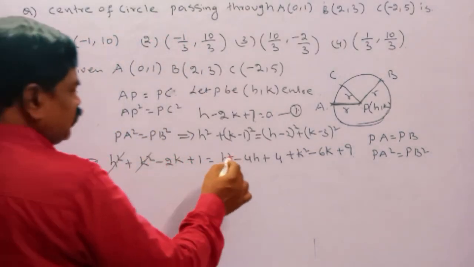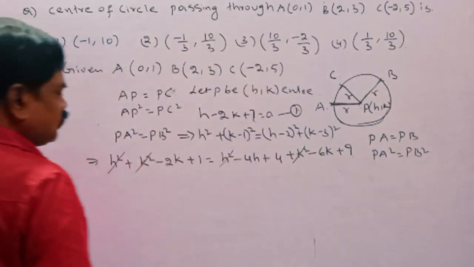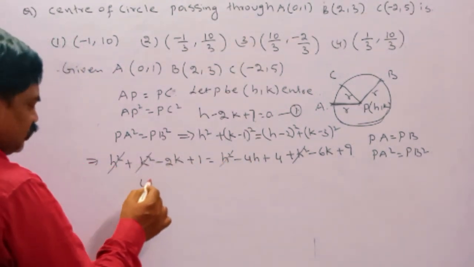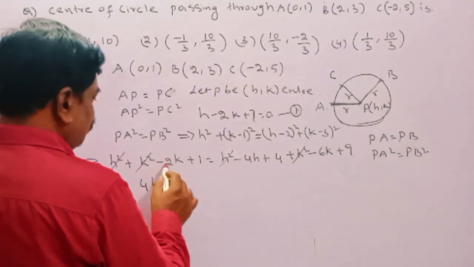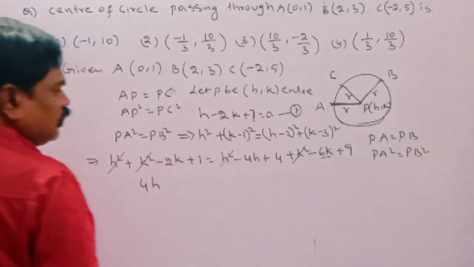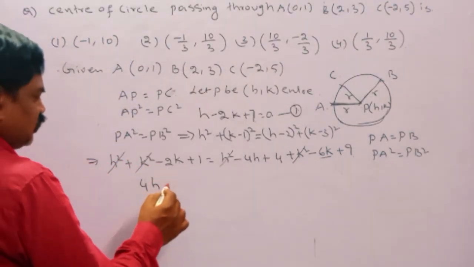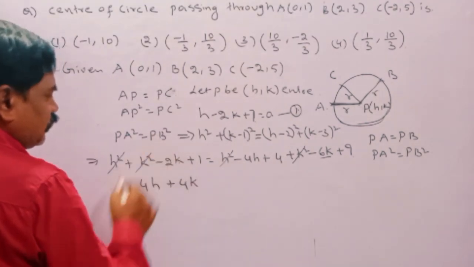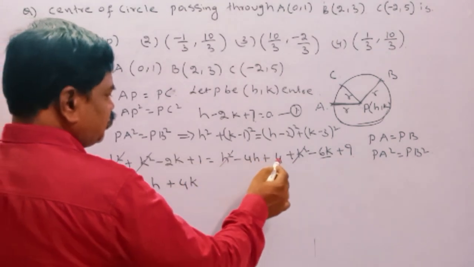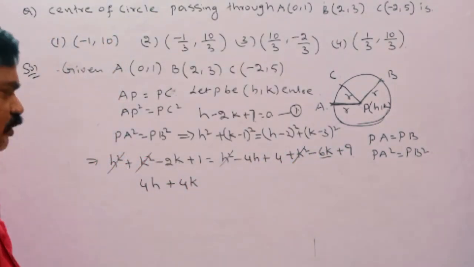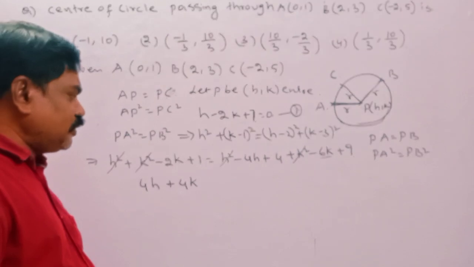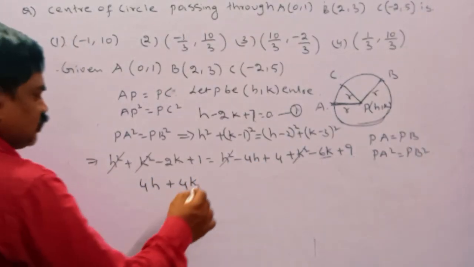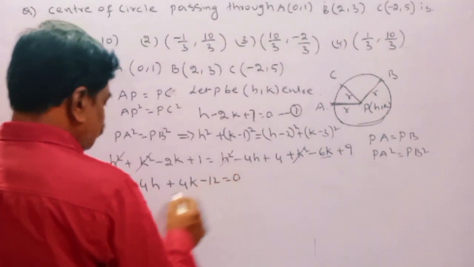H square and K square on both sides cancel out. Here you can take 4H to this side, and minus 2K plus 6K gives 4K, and 1 minus 13 is minus 12, equal to 0.